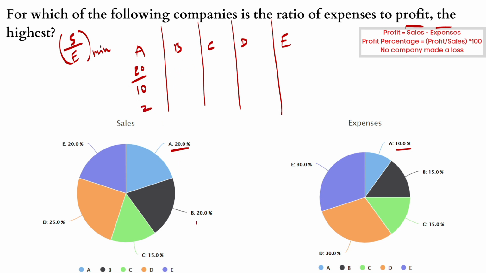S by E for B is 20 by 15. In the same way, calculate for all of these. If we observe the S by E values of all the companies, we can say that E has the least value of S by E, which means it has the highest ratio of expenses to profit. So our answer is company E.